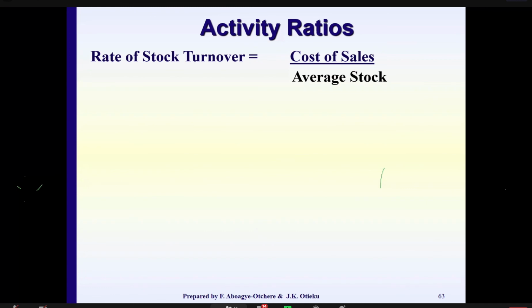Now, I've mentioned to you that we're using the opening and closing stock. So if we are in 2020, how can we get the opening stock?